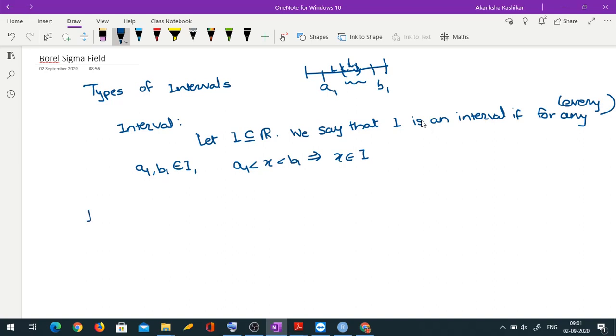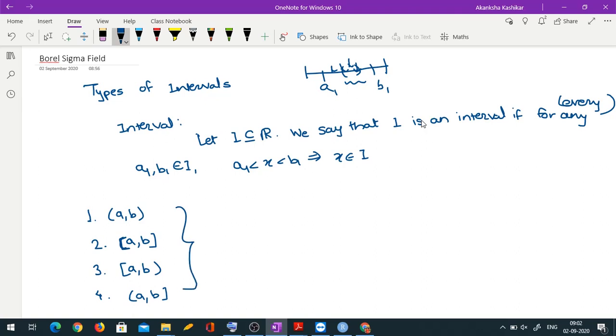So what are different types of intervals? The simplest one is open interval, finite open interval. Then the next one can be finite closed interval. The next one can be semi-open, semi-closed, or neither open nor closed, whichever way you want to say. Okay. So these are 4 types.